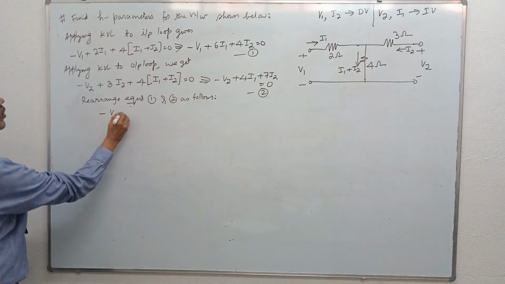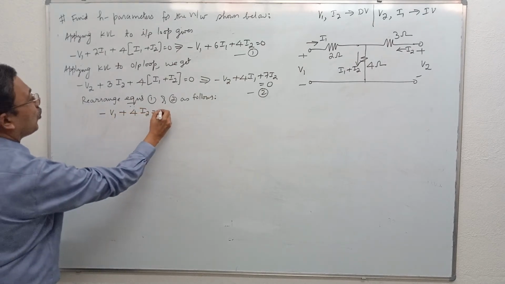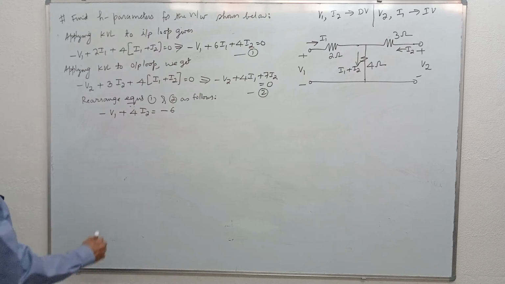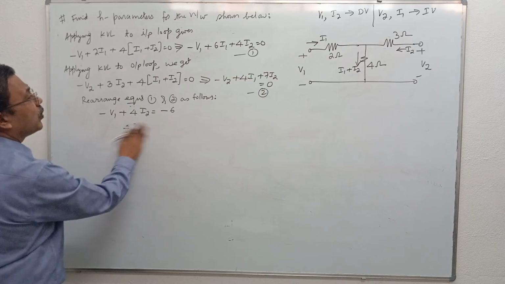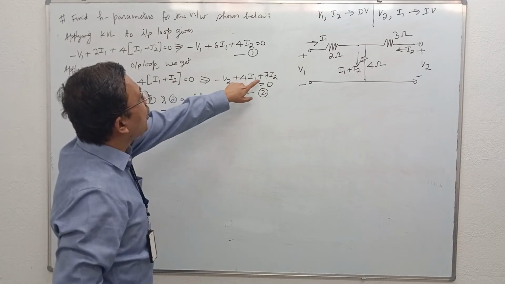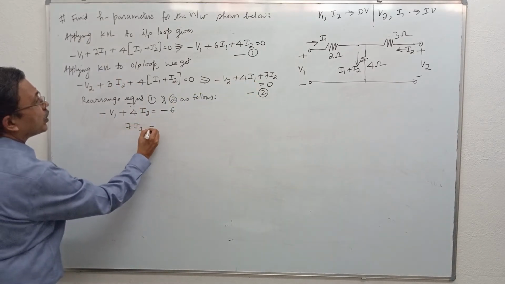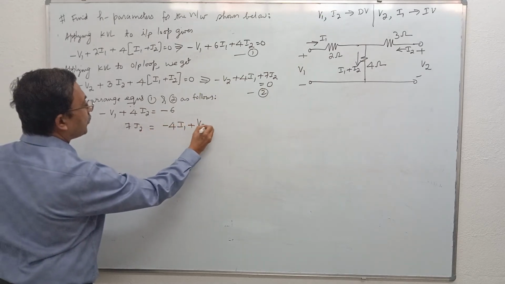Minus V1 plus 4I2 is equal to minus 6I1. Next equation, I2 term should be on the left side: 7I2 is equal to minus 4I1 plus V2.